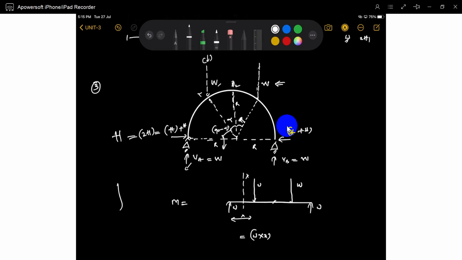If you integrate 0 to pi by 2 minus alpha, this is somewhat difficult. You can write it, or if you apply a definite integral, you will feel some discomfort. So I will take it like this: this is 0, this is pi by 2, no problem at all. So 0 to alpha, and alpha to pi by 2.